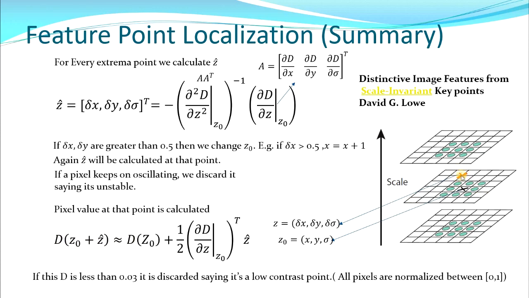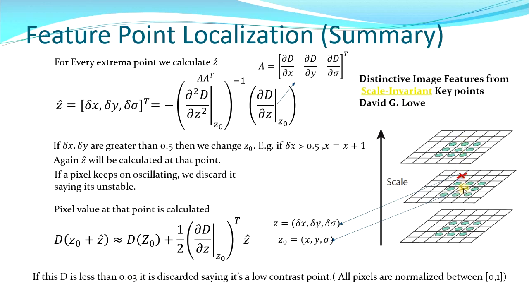Now if the pixel value that you found at this point is less than 0.03, and here all the pixels are between 0 and 1, not between 0 and 255, that is the range of the pixel, so a pixel can be 0 or 1, or in between, 0.5 or something like that, then I discard it.